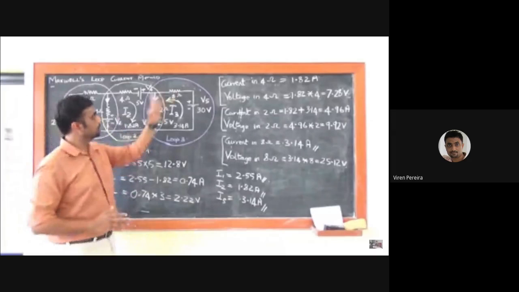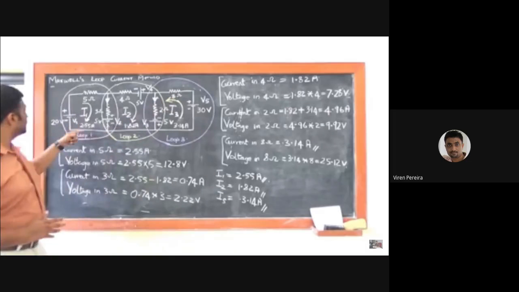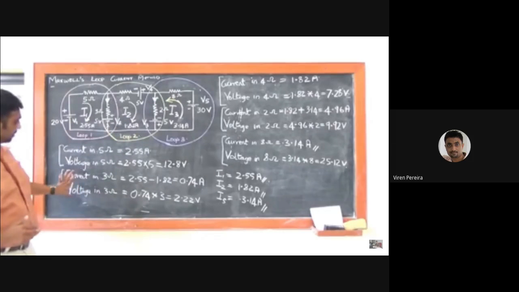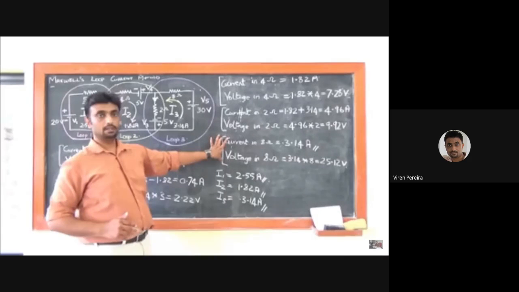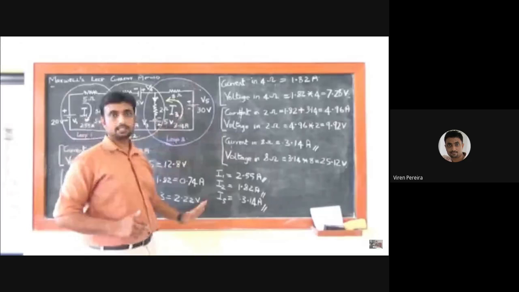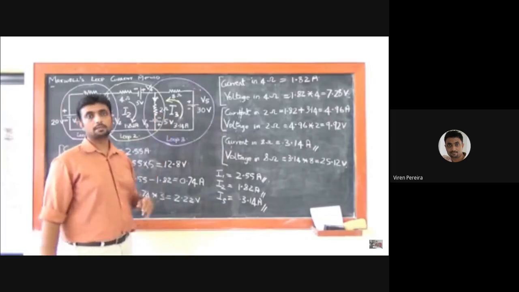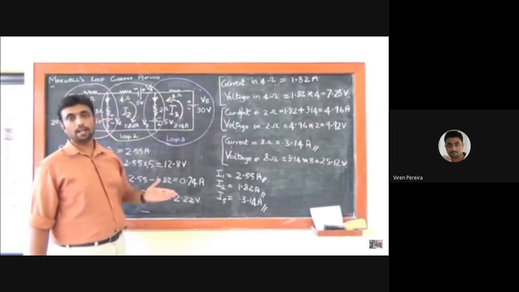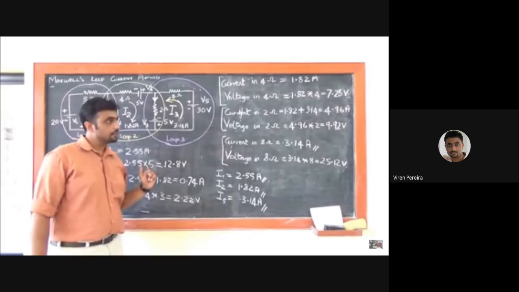For whatever value is asked, concentrate on that value only. So if they tell you to concentrate on 8 ohms and 3 ohms, I will find the current and voltage in 3 ohms and 8 ohms. Here I solved for each and every resistor so that you get a better understanding of how Maxwell's current method is done and how it can be used to find the value for any resistor in the circuit.